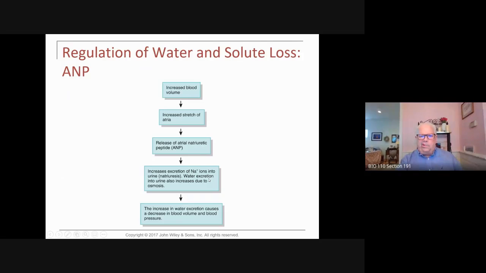And the water excretion into the urine increases due to osmosis. The increase in water excretion causes a decrease in your blood volume, and when your blood volume decreases, your blood pressure decreases. Again, ANP, one of the only hormones in your body that will decrease your blood pressure.